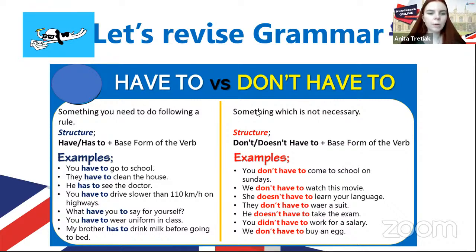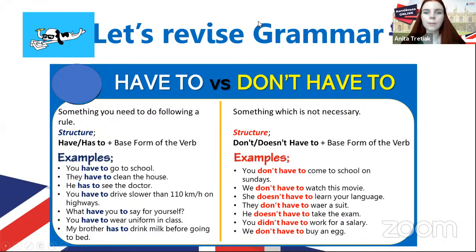And now let's talk about the structure of have to. As you can see here, we have 2 forms. This is have to and has to. And let me explain the difference between have to and has to. First of all, have to, this is the form which is used with I, we, you, and they.